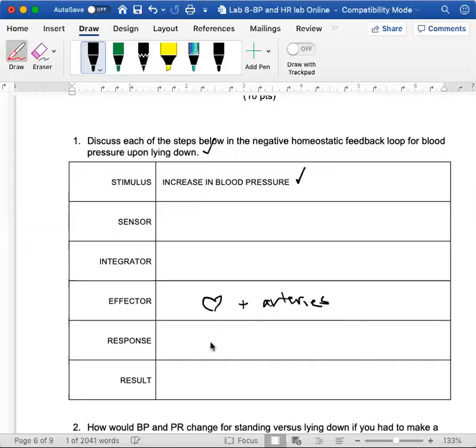So what does your heart do? It's going to do something with cardiac output, and your arteries are going to do something with resistance. So it's a lot like the MAP equation, it's just more drawn out. Okay, and so by the time you're done, you should have a decrease in blood pressure.